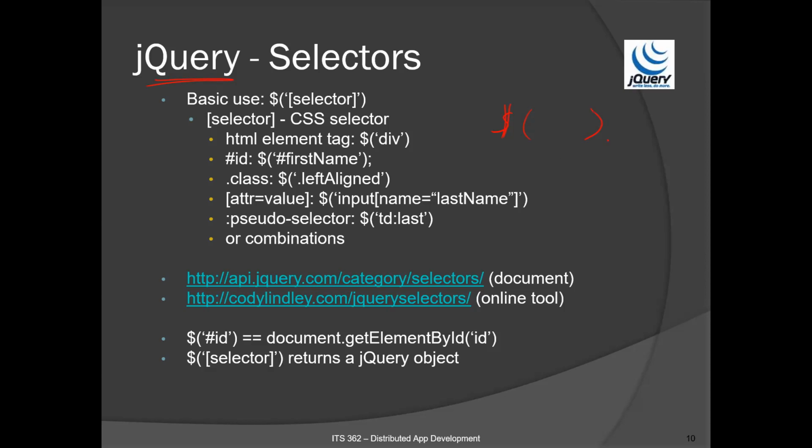The selector could be, for instance, an HTML element tag. So for instance, I do $div, and when I say that, it could mean that I want to grab all the divs. If that's the case, it'll return a list of all the divs, and then you can iterate through them. Or I could say a div with a specific name or an ID, and then it just grabs that one.